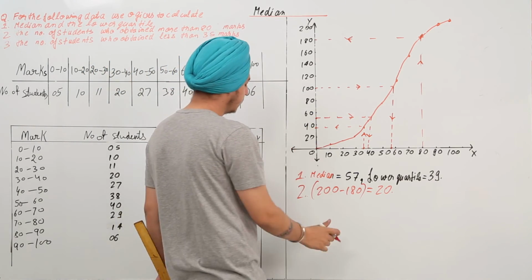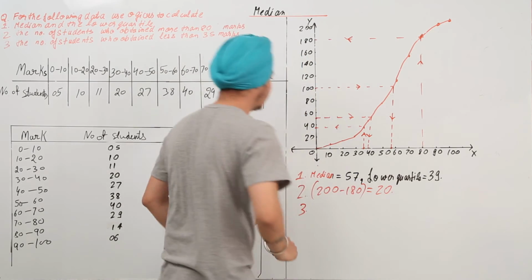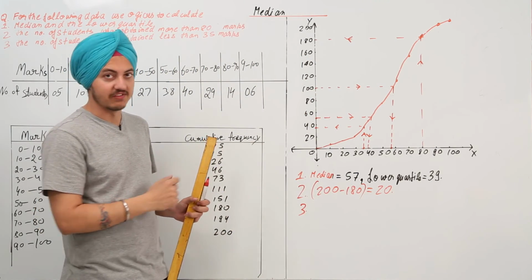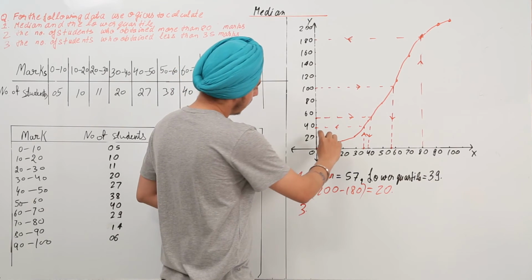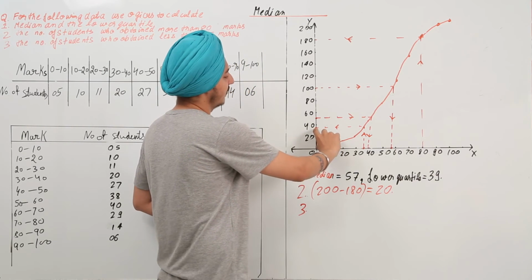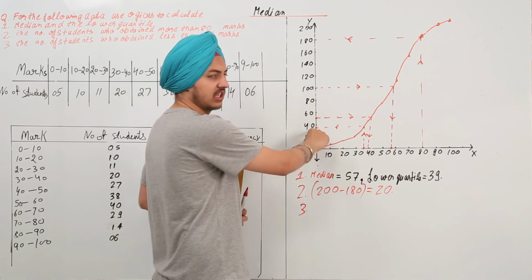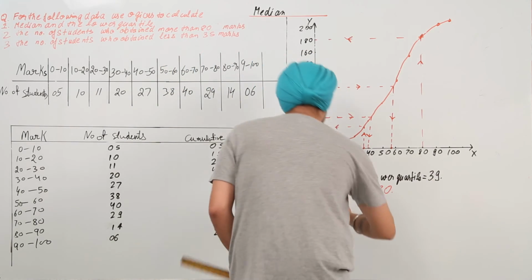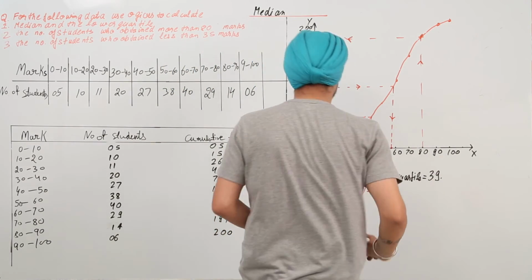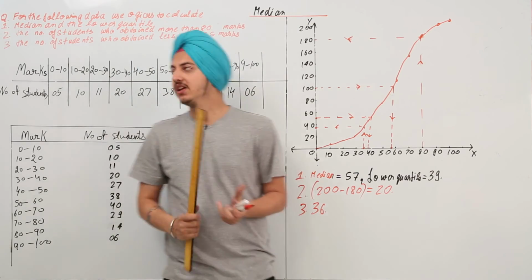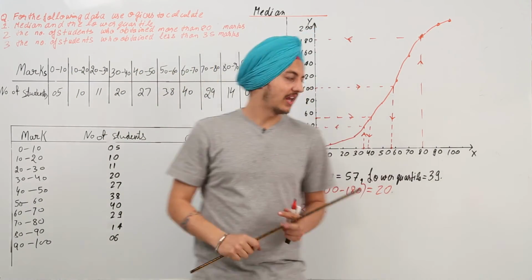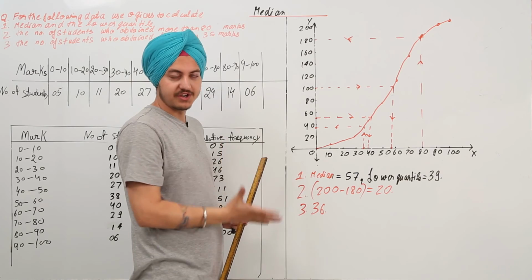So the number of students that have marks less than 35. How do you find less than 35? These students have marks less than 35. So this is from 0 to 36, let's say. So 36 is the number of students which have marks less than 35. Again, I did not have the space, so I have not written everything.